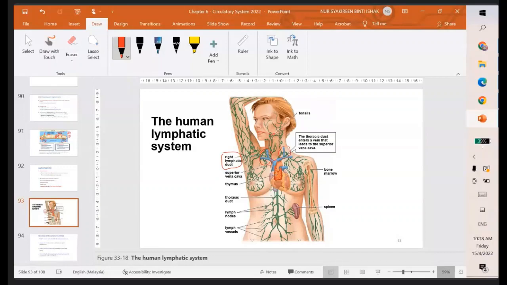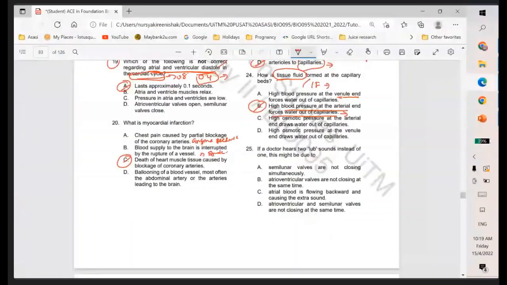Okay, so 25, Muhammad Irfan. Okay, so for question 25, if a doctor hears two lub sound instead of one, this might be due to? My answer is C, which is arterial blood is flowing backward and causing the extra sound. Kenapa awak jawab yang itu?